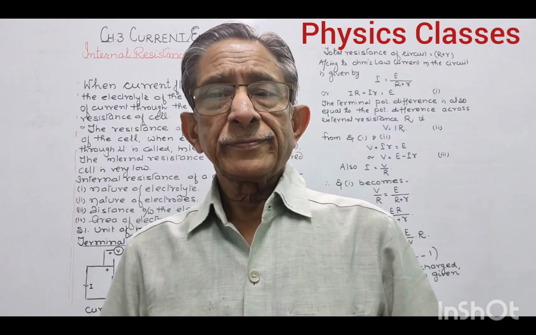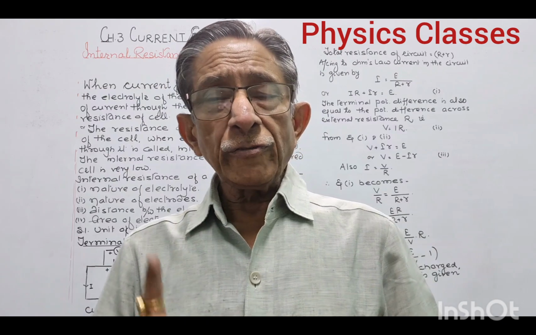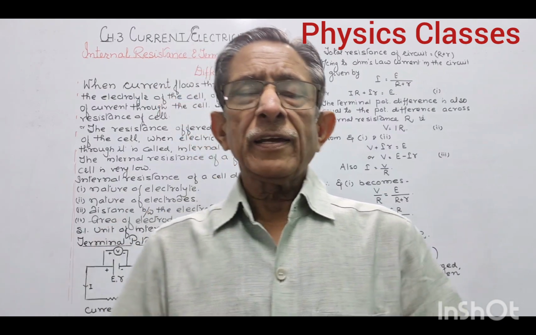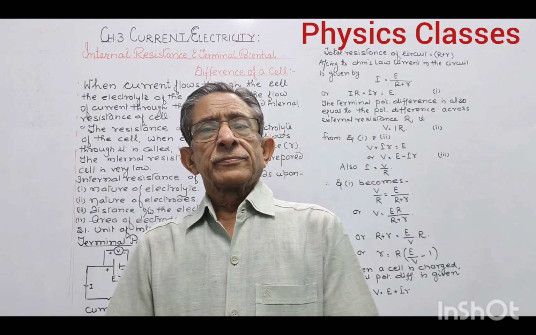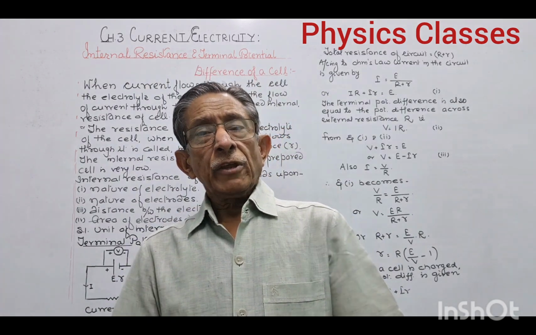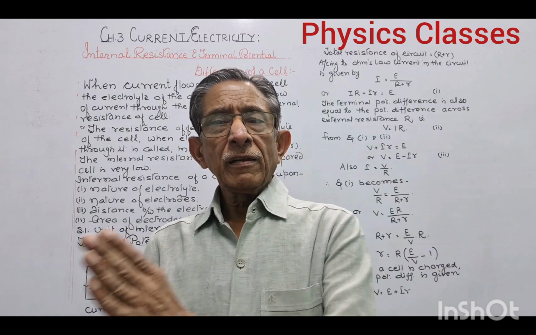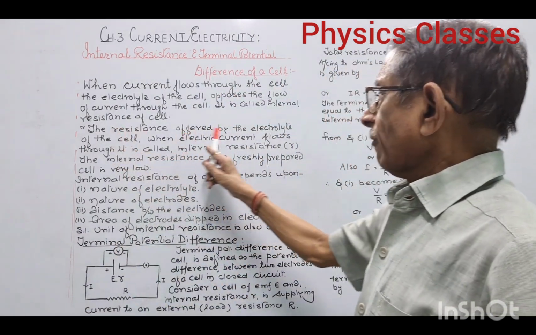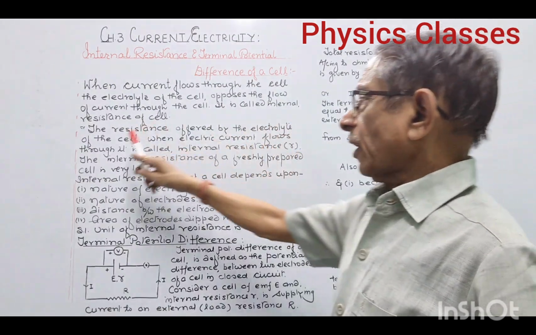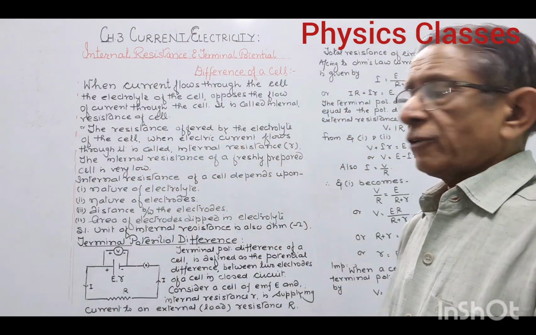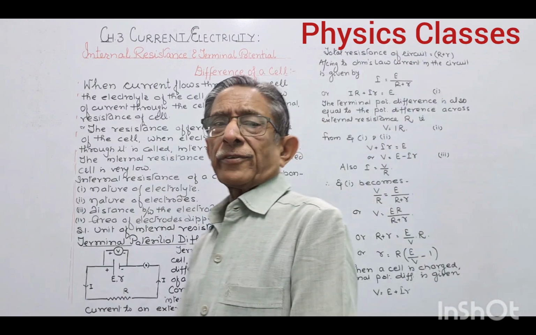So we can say the resistance offered by the electrolyte of the cell when current passes through the cell is called internal resistance of the cell.